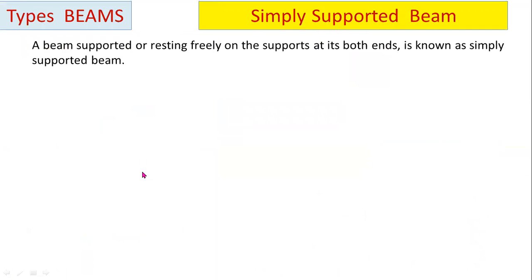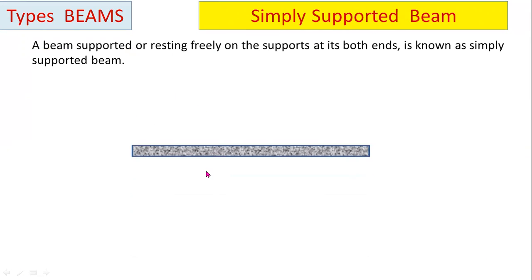Now coming to the types of beams. First one is a simply supported beam. A beam supported or resting freely on the supports at both its ends is known as a simply supported beam.